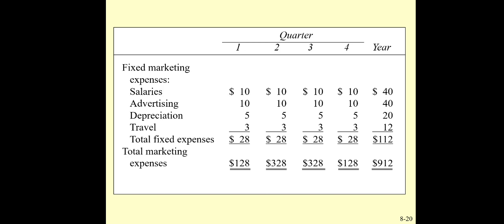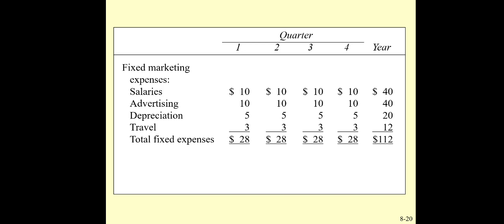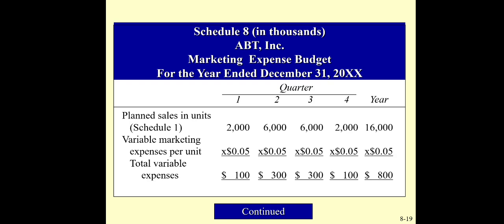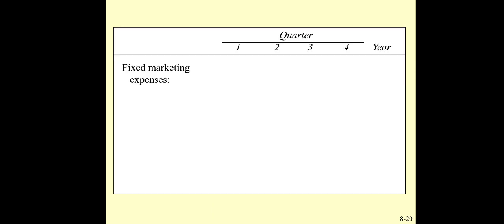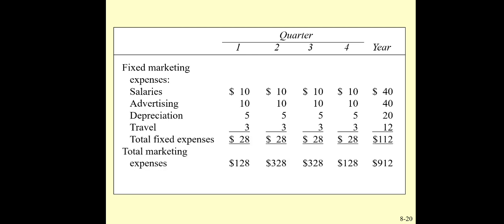First here it shows salaries is 10, but in this budget the unit is in thousands, so 10,000.